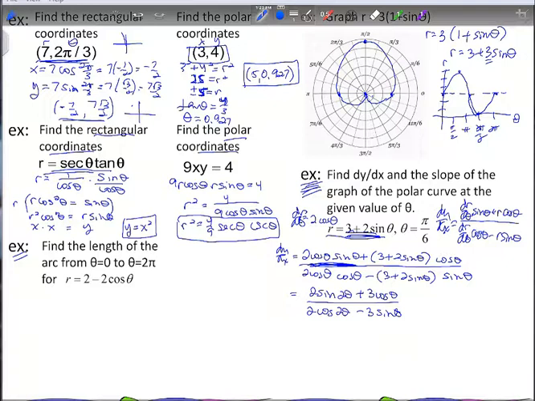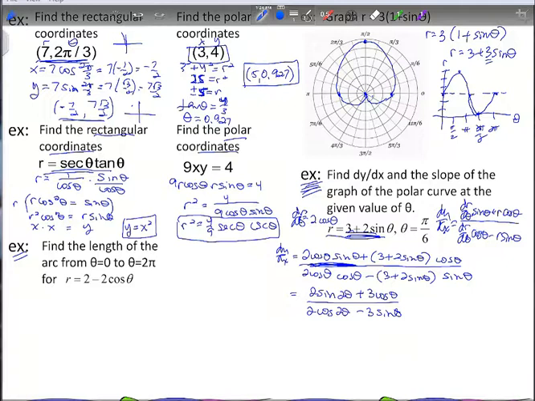And now that makes me happier because then I only have to plug pi over 6 in 4 times. Numbers is not my strength. I kind of save that for being real careful. So I would plug in pi over 6. And so we know how to plug numbers in and calculate. I'm not going to take the time to do all that.